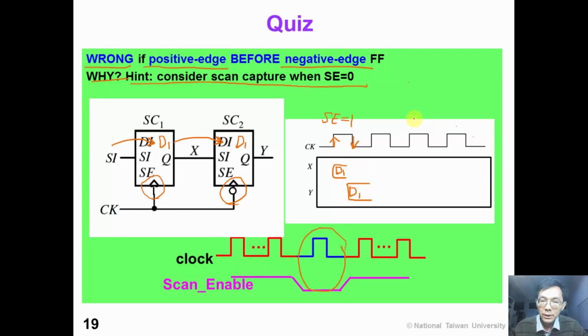Now let's consider the scan capture operation when SE is equal to 0. At the rising edge, we capture the data D2 at scan cell number 1. At the falling edge, we capture the data D3.